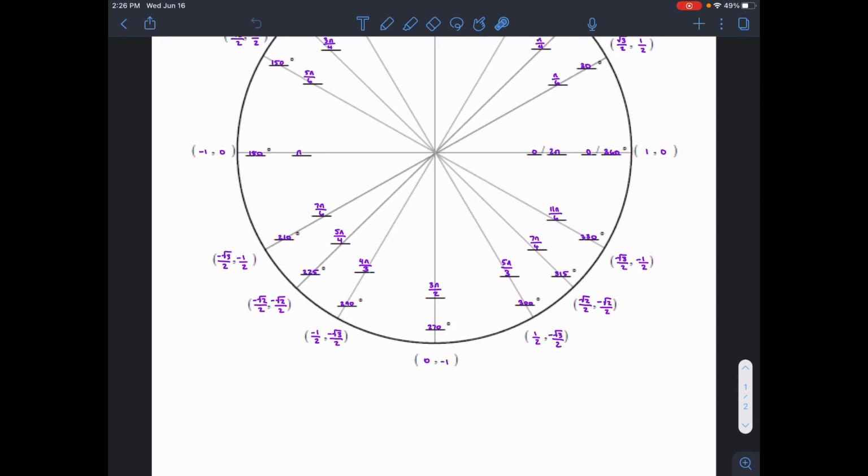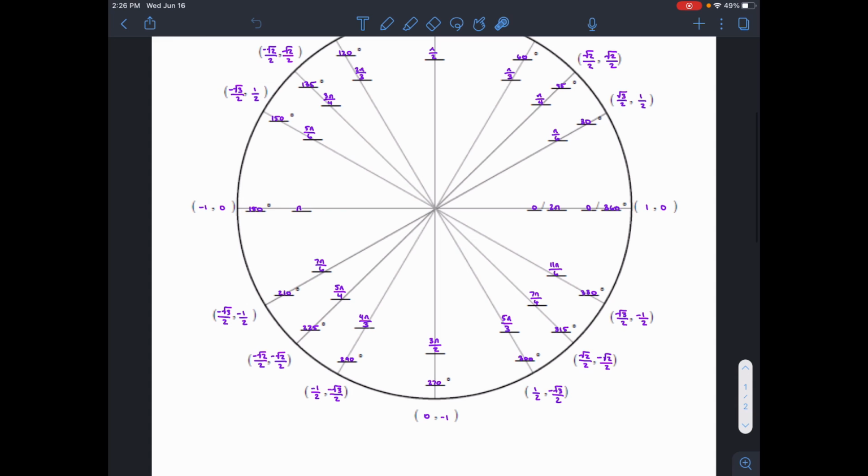And then same thing for quarter 3, everything here would be negative and negative. So x and y would be negative. From here to here, we have negative root 3 over 2, comma negative 1 half, and negative square root 2 over 2, comma negative square root 2 over 2, and then negative 1 half, comma negative root 3 over 2.